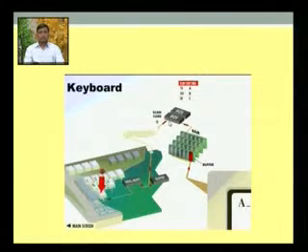In our CPU, on the motherboard we have the BIOS. The BIOS identifies the key code, which is in ASCII code, and matches it against the scan code table which is available inside the BIOS.